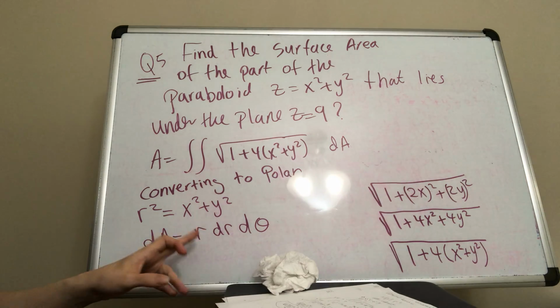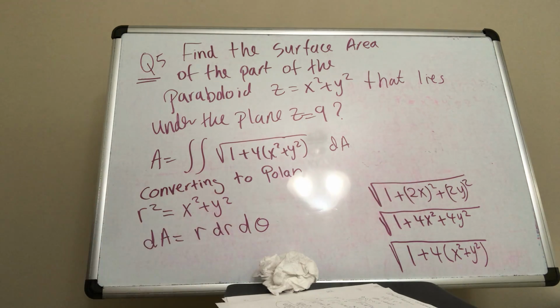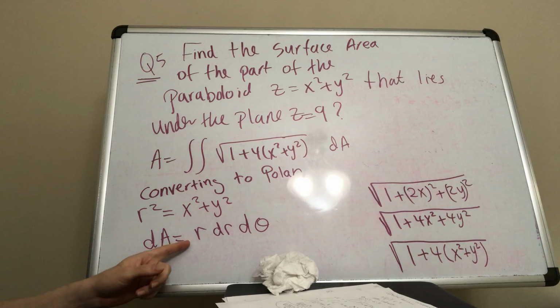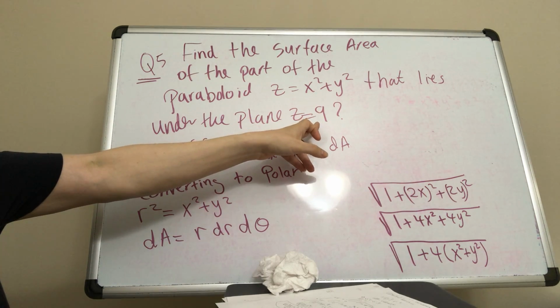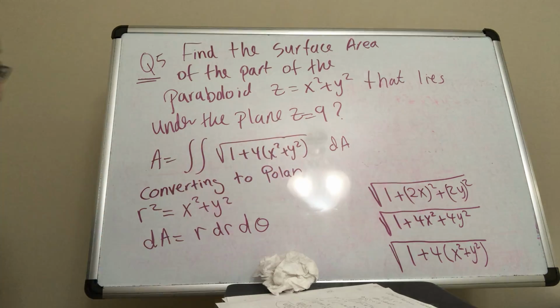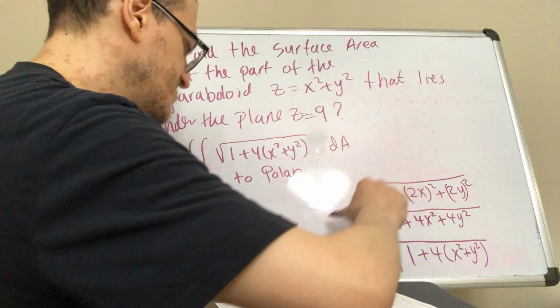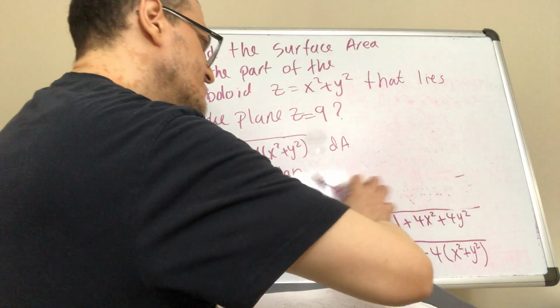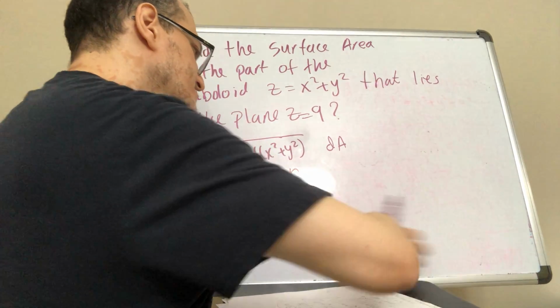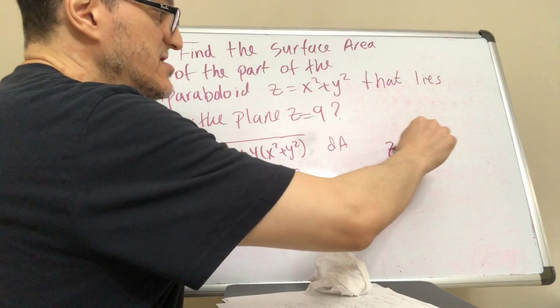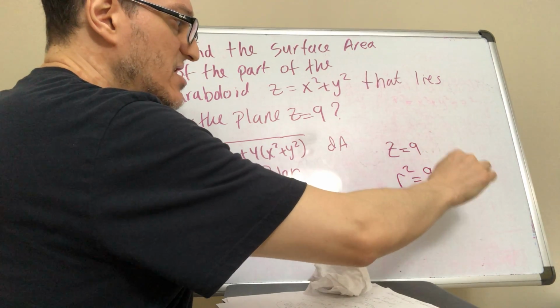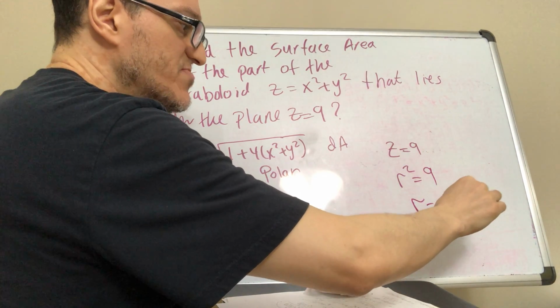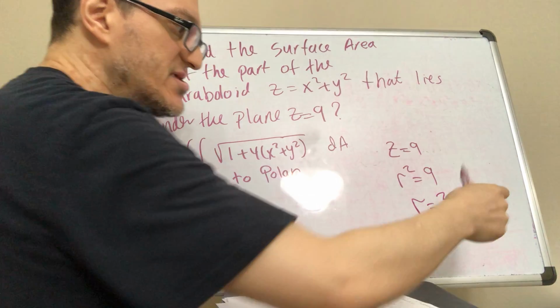To figure out the dimensions for r and theta, let's start with r. Since they tell you z is 9, then r squared is 9, then the radius is plus or minus 3, so the radius is 3.